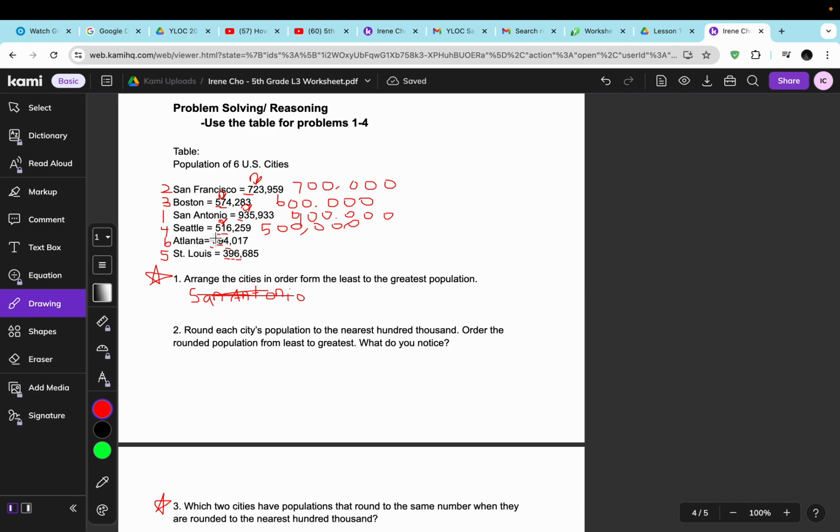And then for Atlanta, you do the same concept again. Since the second number is a 9, we round up, so it will be 400,000. And then for the final number, it's also a 9 as well, so we round it to 400,000 as well.